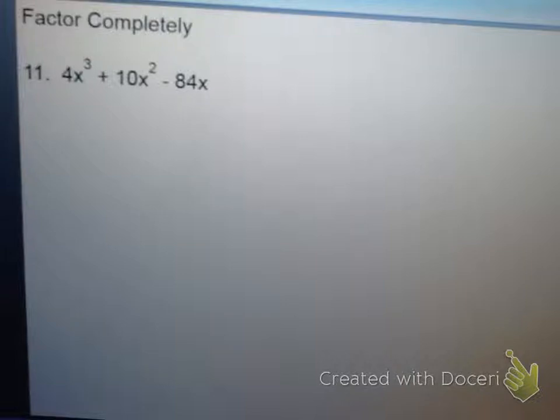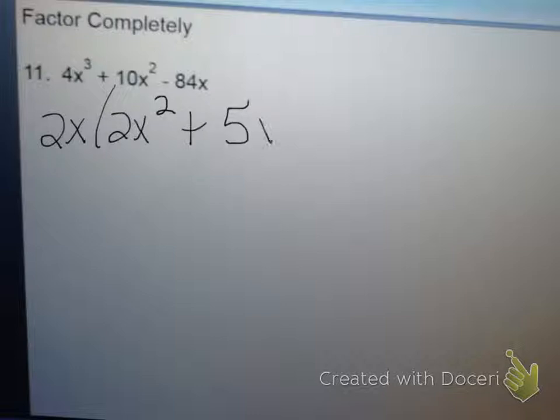Okay, number 11. I'm going to factor out a 2x. And I get 2x squared plus 5x minus 42, since 2 goes into 84, 42 times.